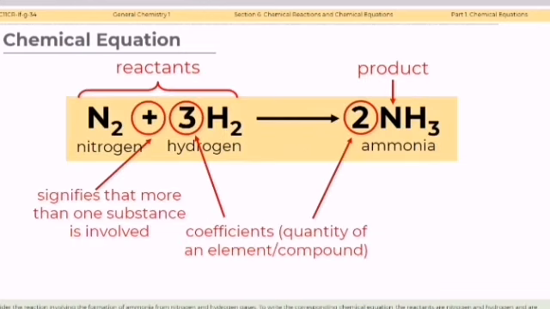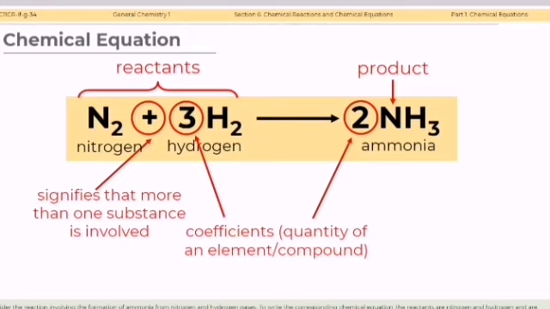Let us consider the reaction involving the formation of ammonia from nitrogen and hydrogen gases. To write the corresponding chemical equation, the reactants are nitrogen and hydrogen and are written at the left side of the chemical equation.